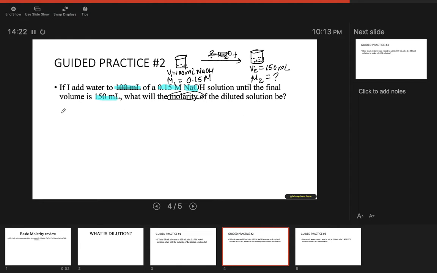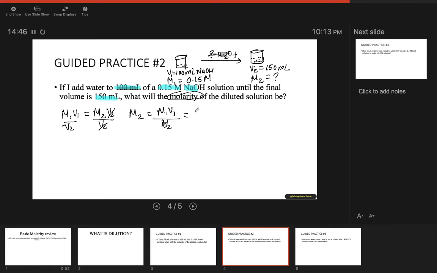Now, again, the formula is M1V1 equals M2V2. You need to figure out M2. You get rid of its friend V2 right here. Cancel out. M2 equals M1V1 over V2.